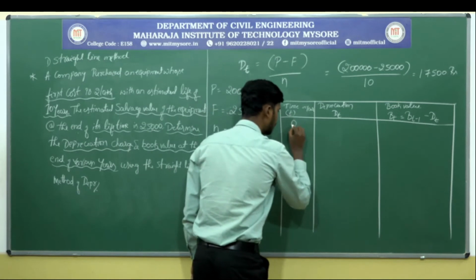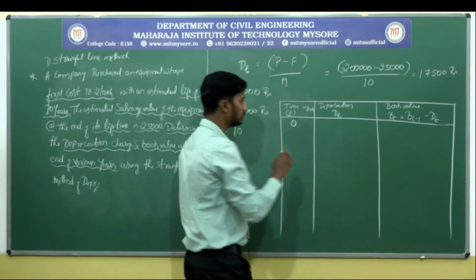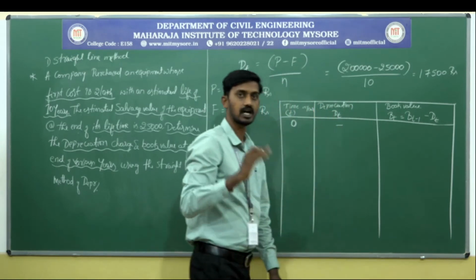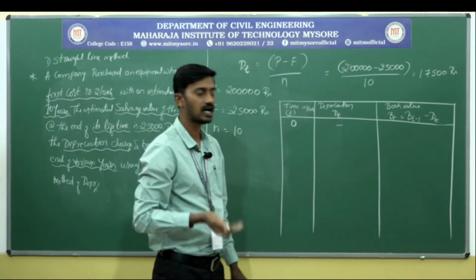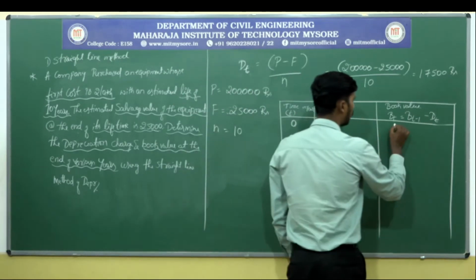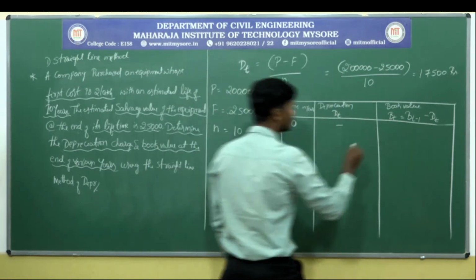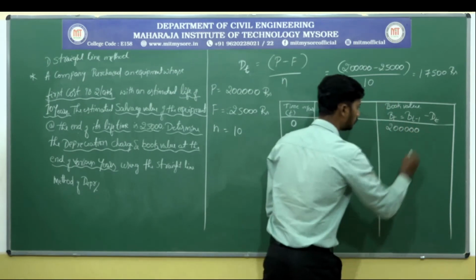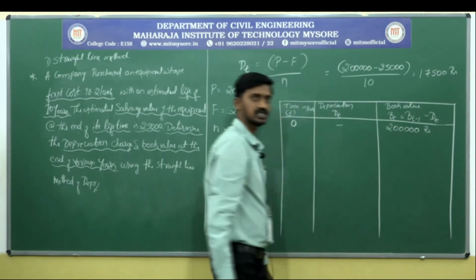At the initial stage, that is 0, the first initial year, what was the depreciation? Initially there will be no depreciation. After 1 year only depreciation starts. And what is the value you purchased? 2 lakh. For 2 lakh rupees you have purchased.